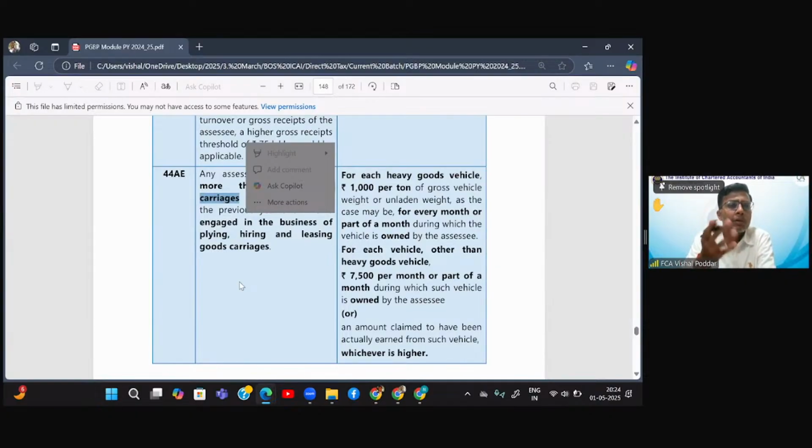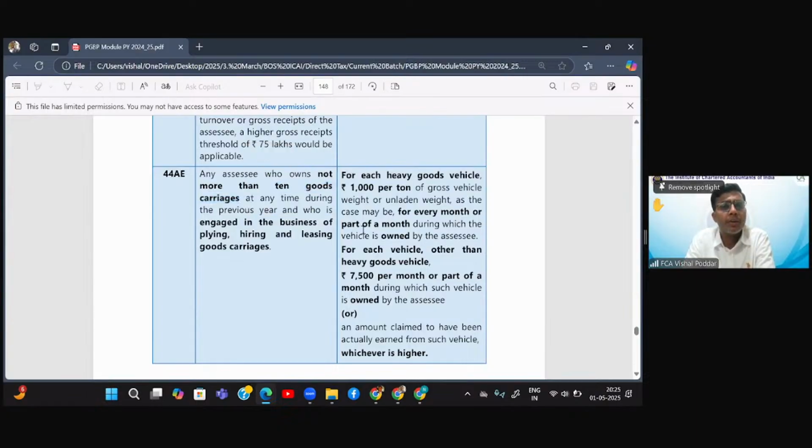We are talking about persons having only one truck, one tempo. They definitely fall here. But even if someone is a transport agency or company having more vehicles where they have hired drivers, they will also fall here. The condition is they should have not more than 10 trucks. That is what is covered in this section.